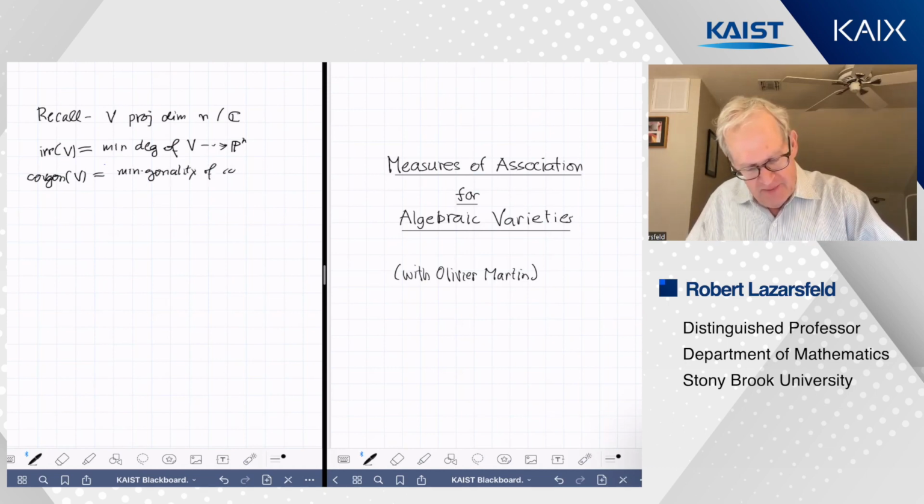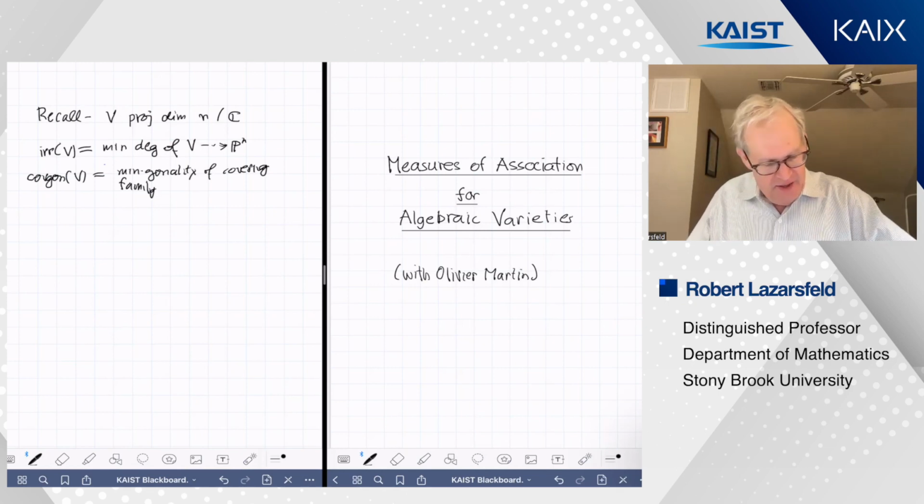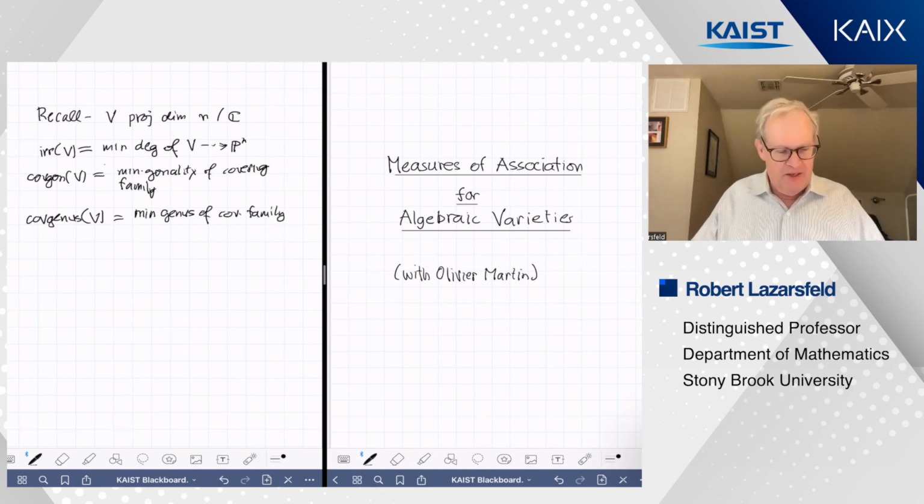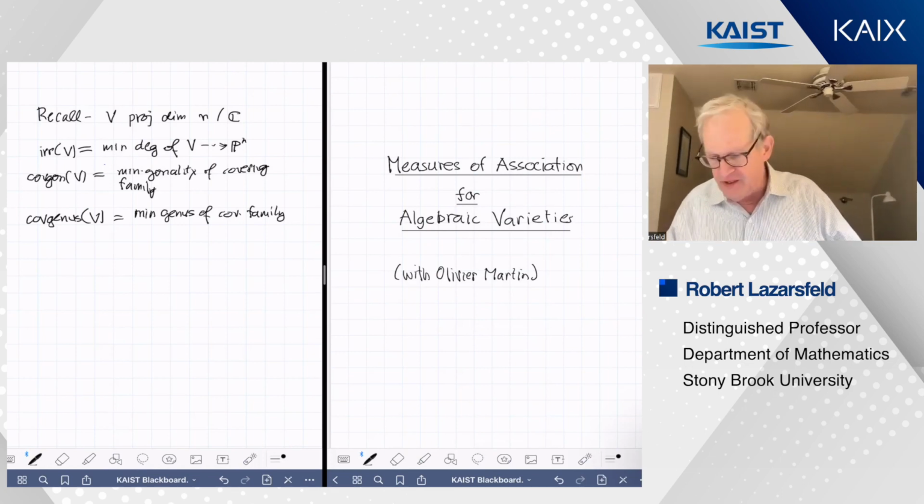And then we had the covering genus of V, which was the minimum genus of a covering family of curves. So that's the minimum geometric genus of a family of curves that covers a general point of V.